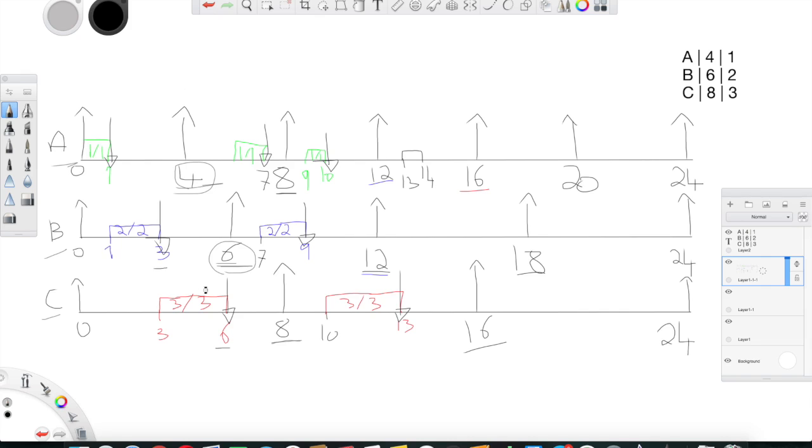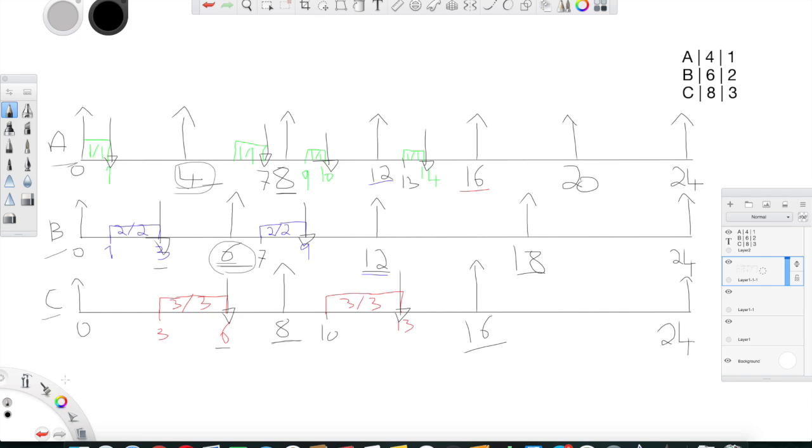Okay, actually I could use green. Okay, from 13 to 14, it was 1 out of 1 because the execution time of task A is 1, and we draw a downwards arrow at 14. Okay, so here we have how many tasks remaining in the system?